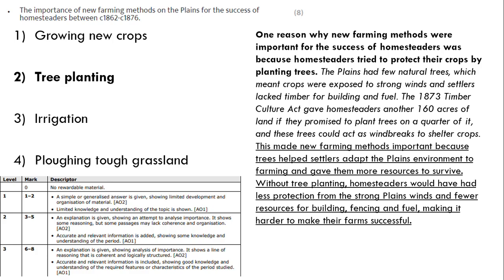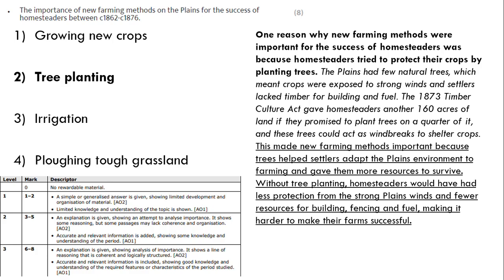Let's look at our second reason, which is tree planting. One reason why new farming methods were important for the success of homesteaders was because homesteaders tried to protect their crops by planting trees. The plains had few natural trees, which meant crops were exposed to strong winds and settlers lacked timber for building and fuel. The 1873 Timber Culture Act gave homesteaders another 160 acres of land if they promised to plant trees on a quarter of it, and these trees could act as windbreaks to shelter crops.